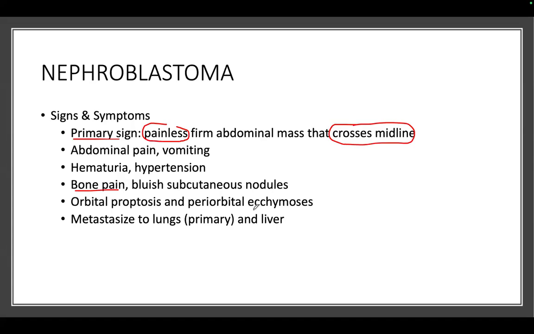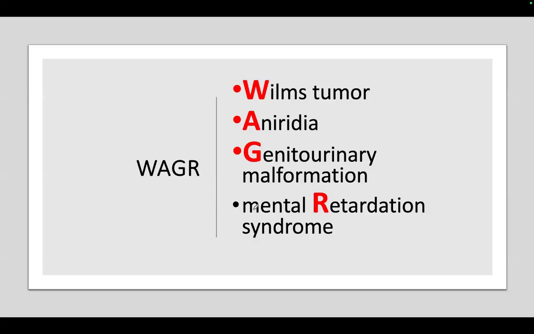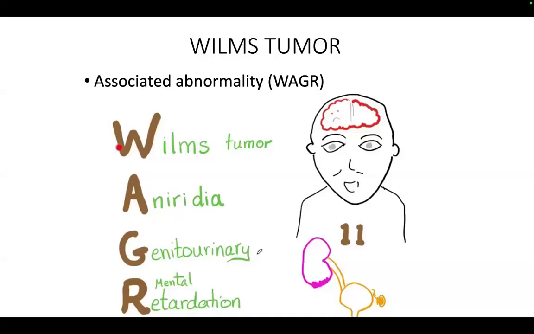bluish nodules. Now, this was mentioned earlier, WAGR, which stands for Wilms tumor, aniridia, genitourinary malformations, and mental retardation. Sometimes the Wilms tumor is part of a syndrome, and that syndrome is known as WAGR.